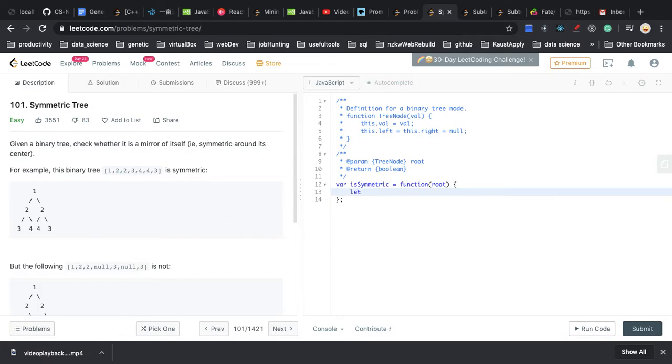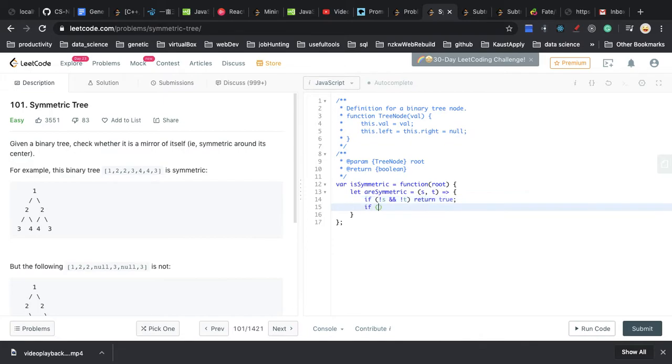Here we are going to define a function called rSymmetric. In this function we determine if two trees are symmetric. The first if statement: if both trees don't exist, then we say they are symmetric, because they don't exist.